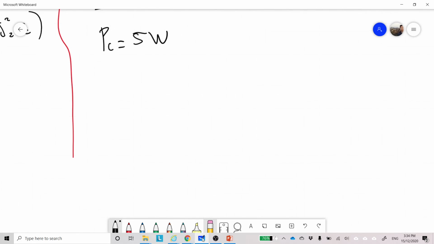Ini maksudnya begini, kalau kita lukis gambar rajah signal ni, from 99.96 until 100.04. Okay, so you see that the wave gelombang ini dia fluctuates ataupun berayun.